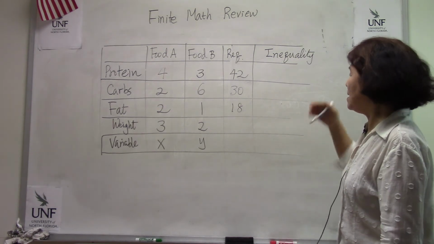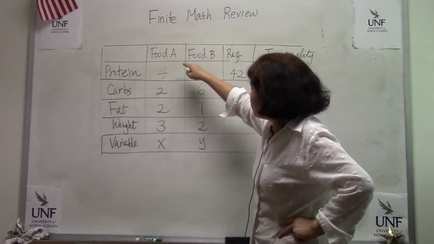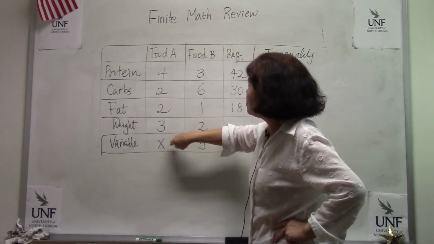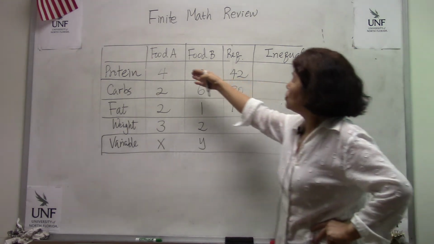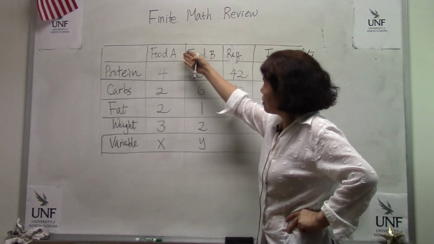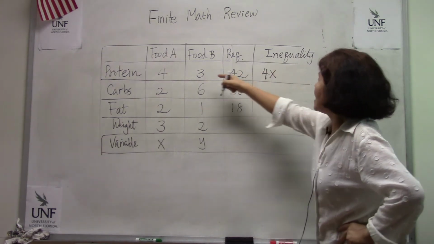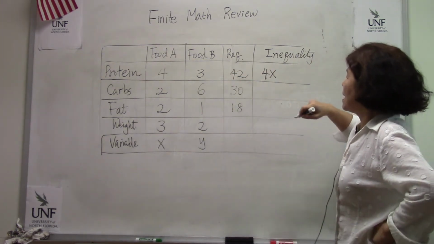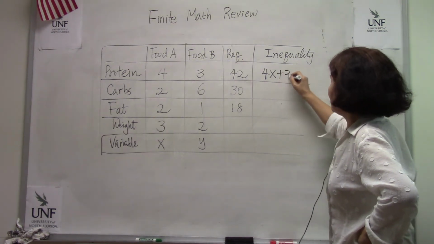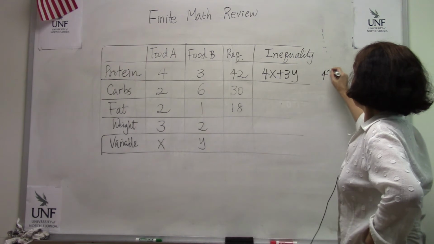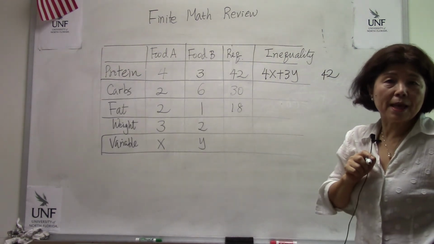So finally, let's set up the inequality. Here we are going to provide X tubes of food type A. That means we are going to offer 4 units per tube, so 4 times X. So 4X, and food B type has 3 units of protein and Y tubes of them, and 42. What kind of inequality sign are you going to put in there?